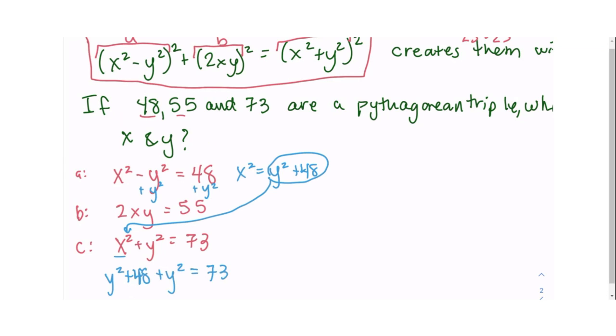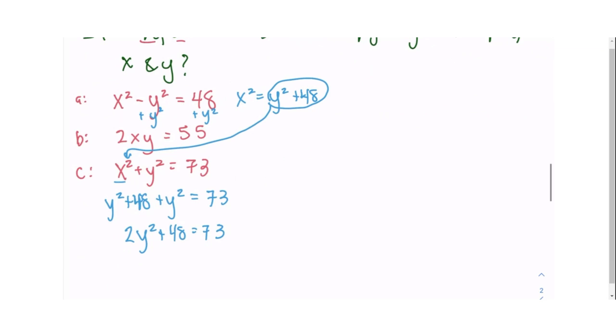So then I'd have 2y squared plus 48 equals 73. Then I subtract 48, and I'd have 2y squared equals 25.